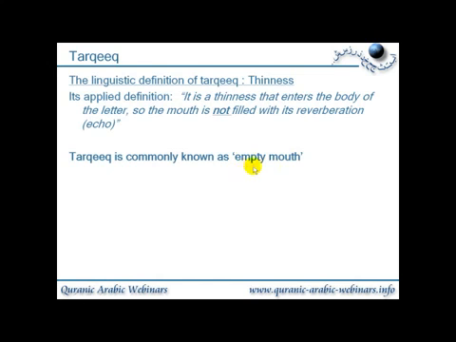So again, the letters that are pronounced with the empty mouth, you say, for instance, sa, sa, and generally, at least with the fatha, your mouth is slightly like a very slight smile. So you say sa, sa, rather than saw. Saw is the full mouth.